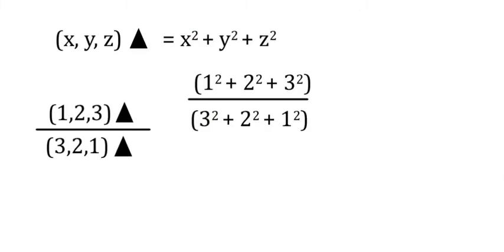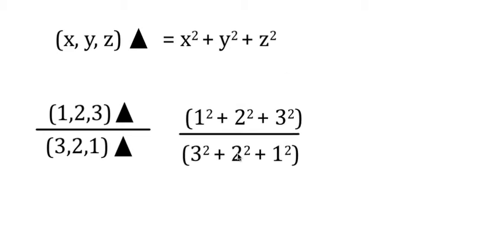Moving on. We now have the quantity x comma y comma z, dark triangle, equals x squared plus y squared plus z squared. What is the value of quantity 1 comma 2 comma 3 triangle over 3 comma 2 comma 1 triangle? It's a pretty easy one if you know how to put the symbols in the right place.